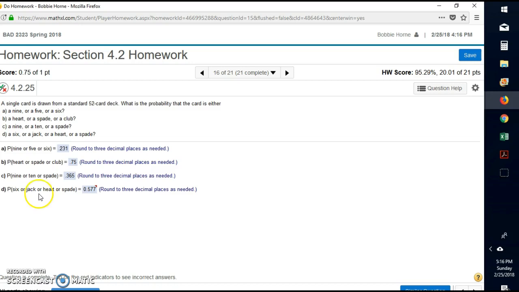Okay, the jacks. We can have the jack of hearts, we'll subtract that one out, and the jack of spades, we'll subtract that one out.